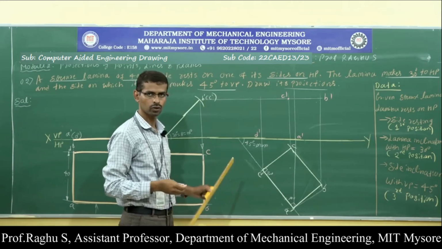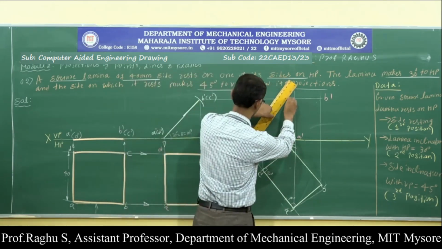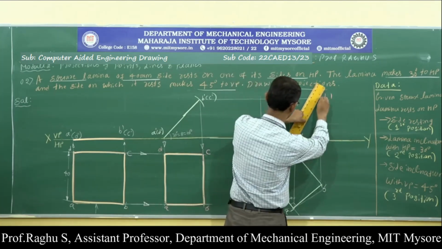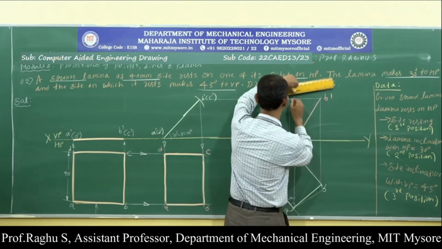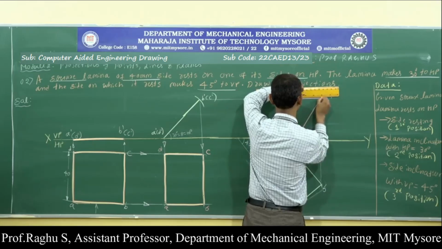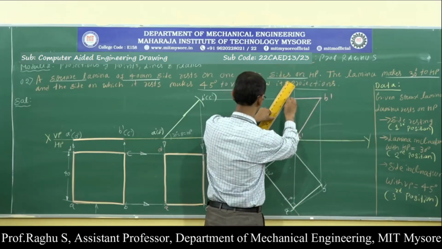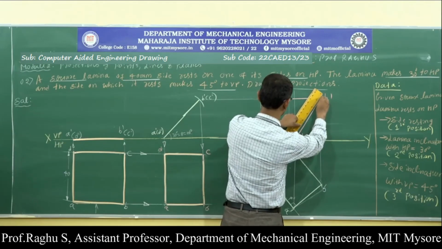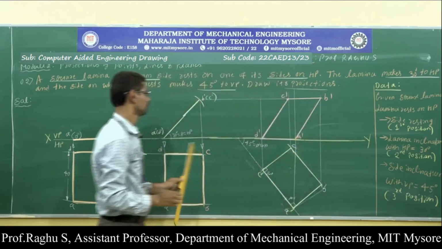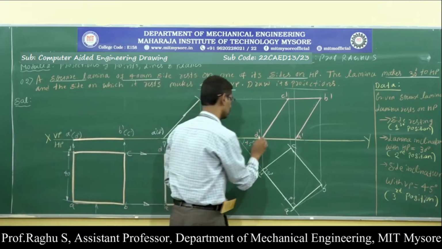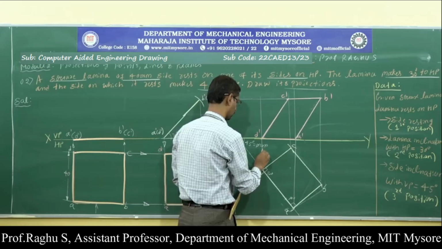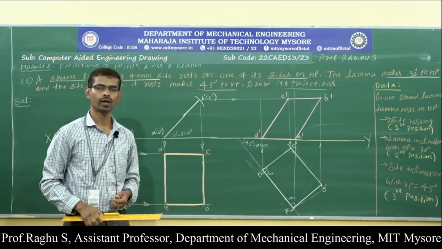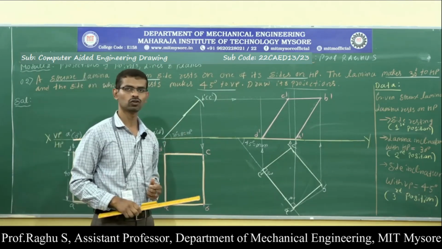Now connect all four corners to get the final front view. So this is the final front view and top view of the given square lamina.